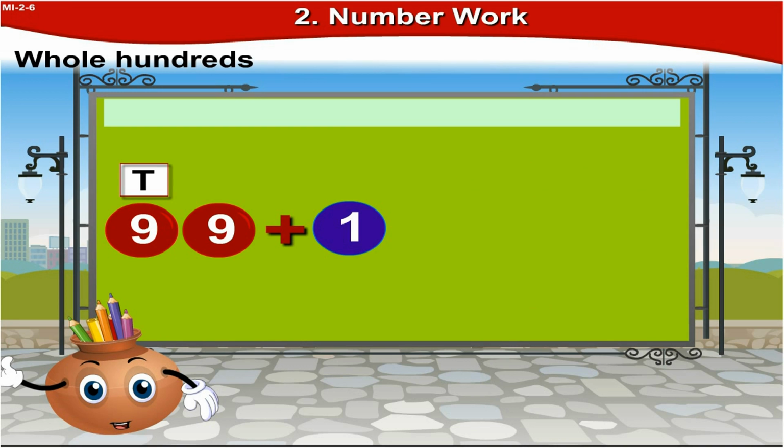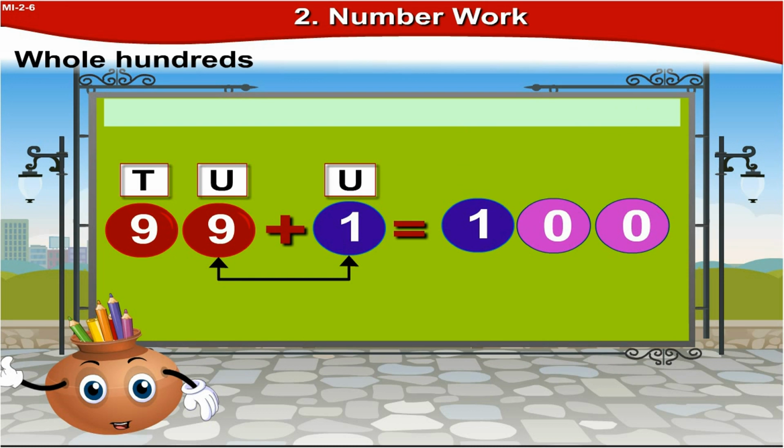Now, 9 tens and 9 units, that is 99, plus 1 would be equal to 100. Well, in the answer, under the units place you have 0 and under the tens place you have 10 tens.